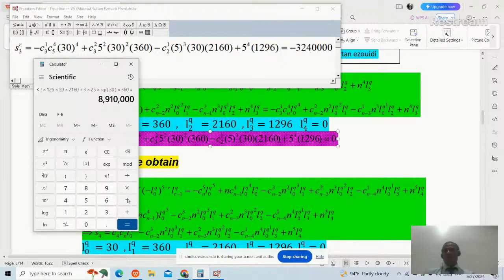Minus, the last term is 3 times 5 times 30 raised to the power 4. Okay, equal negative 3,240,000.